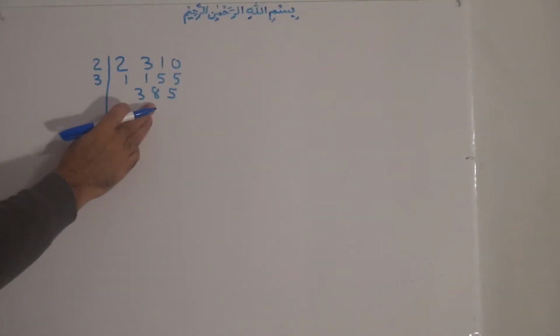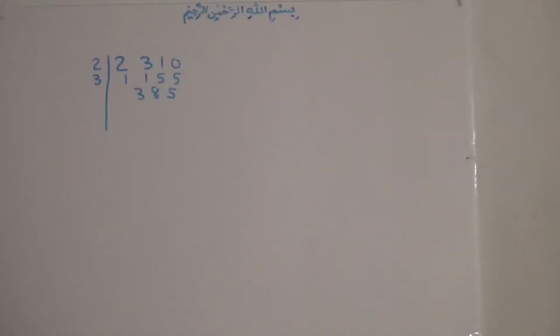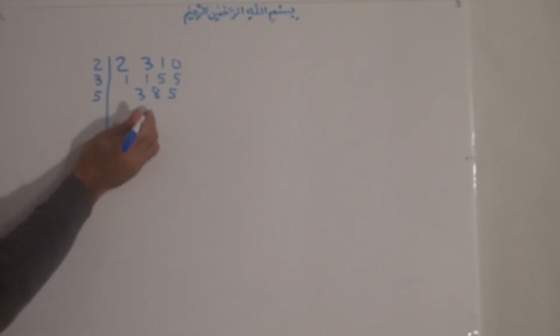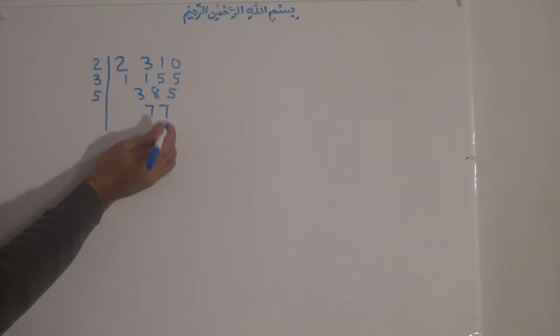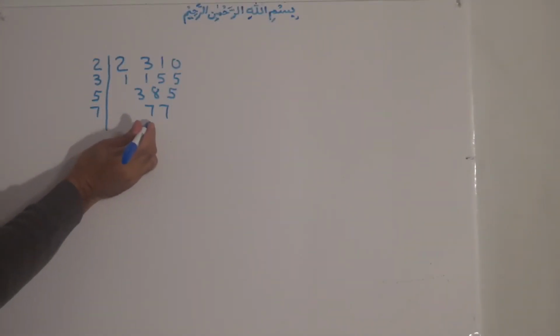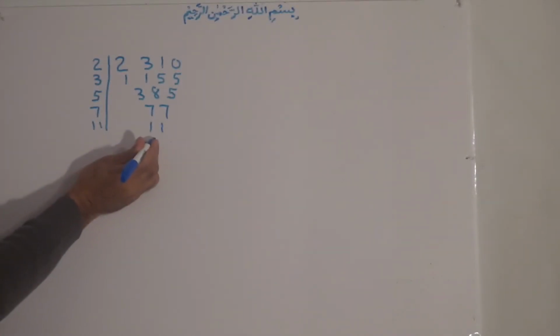Now 5 plus 8 is 13, 13 plus 3 is 16, 16 is not divisible by 3, so this is not divisible by 3. Now we start from 5. 7 times 35, you know that this is divisible by 7. 1 times 7, 7, 1 times 7, 7, then by 11. 1 times 11, 11.